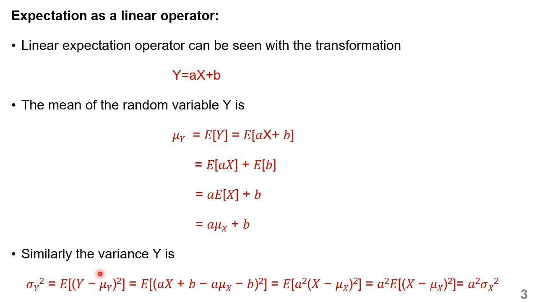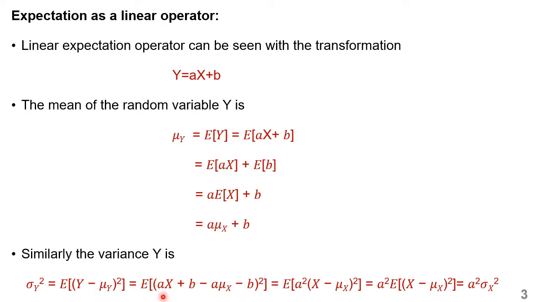Similarly, the variance of y can be represented as sigma y whole square is equal to expectation of y minus mu y whole square. So that is expectation of y is given as ax plus b, and mu y we have already derived as a mu x plus b. Substituting this here, we get minus a mu x minus b. So b and b will get cancelled out.